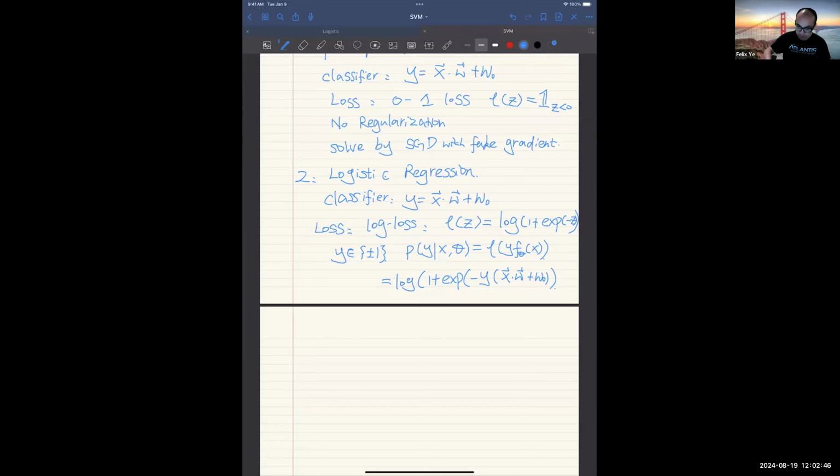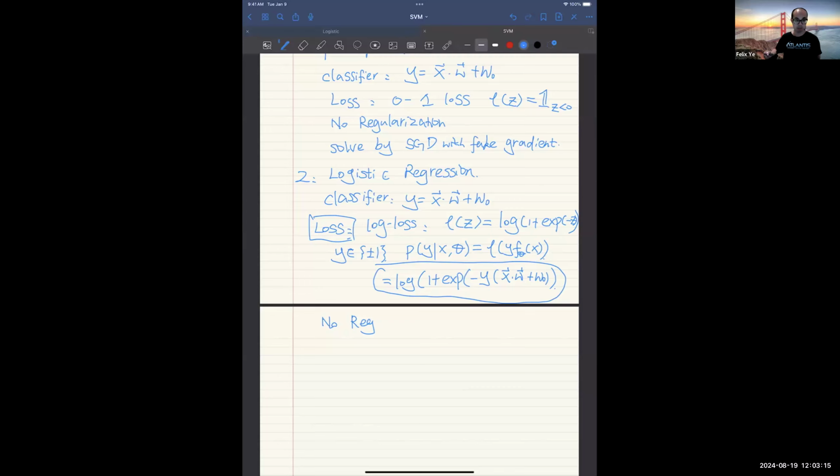All right, so this is my loss, and I have no regularization. It is equivalent to minimizing the negative log likelihood when the probability is defined above. So the key of logistic regression is that it actually has probabilistic meaning.